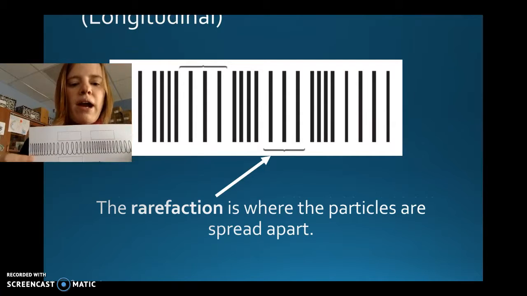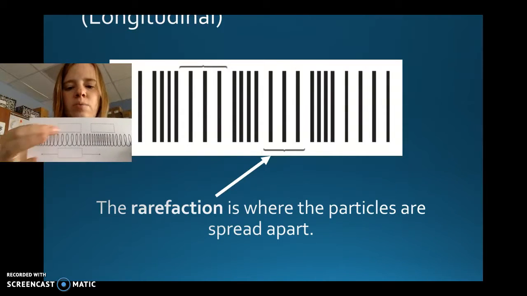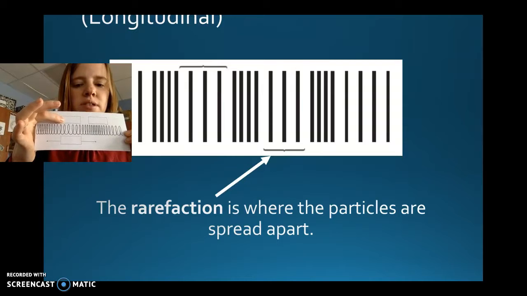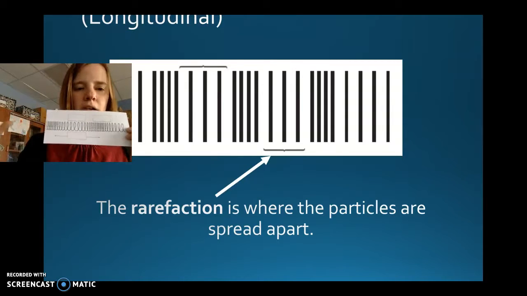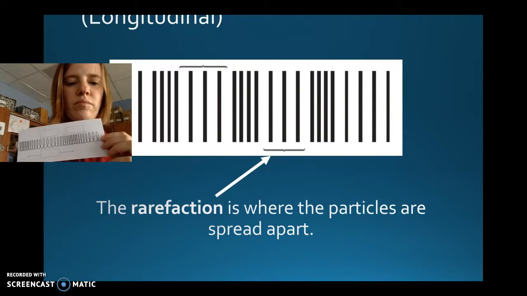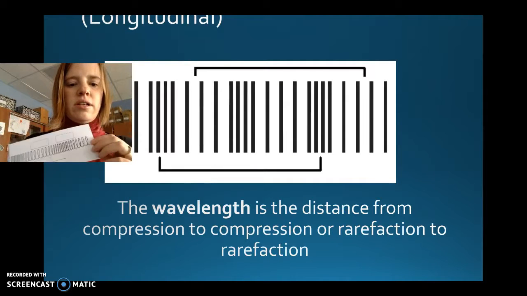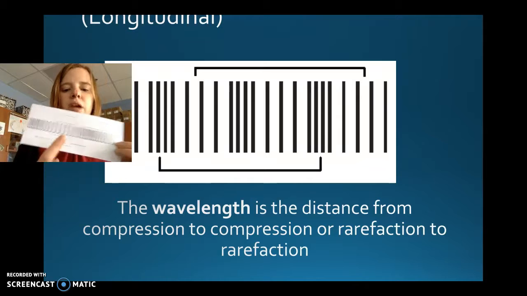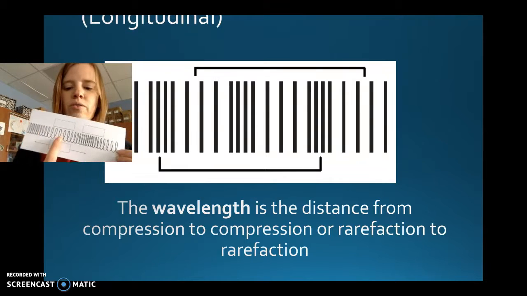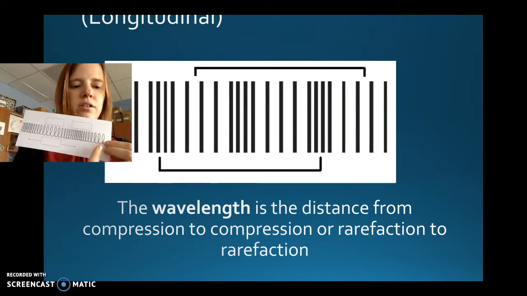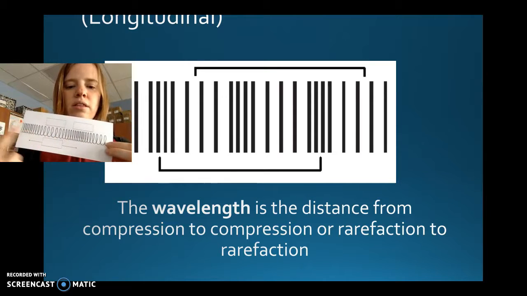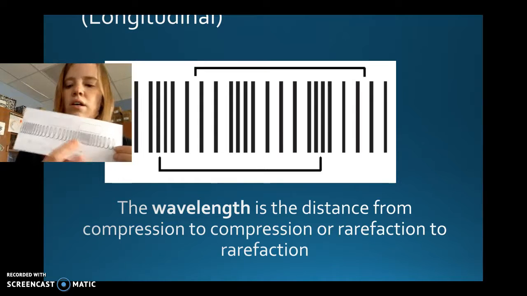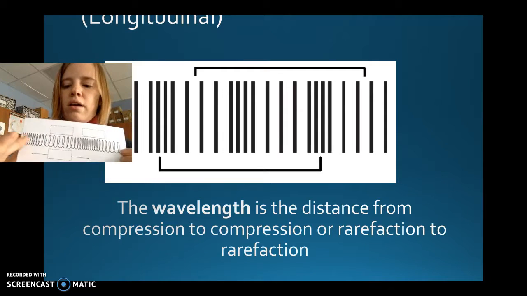Next, we have the rarefaction, and that's where the wave loosens. It's where they spread apart. And then we have a wavelength, which again is the distance from either the compression to the compression or the rarefaction to the rarefaction. So it's one full length of the wave, just like with the crests and the troughs, it's from one of the same.